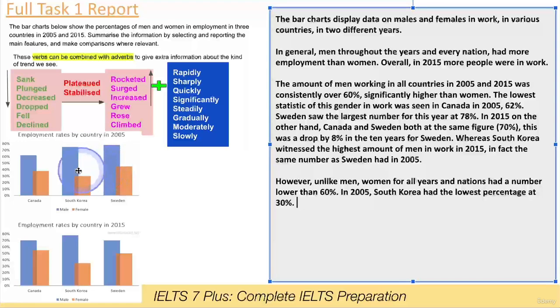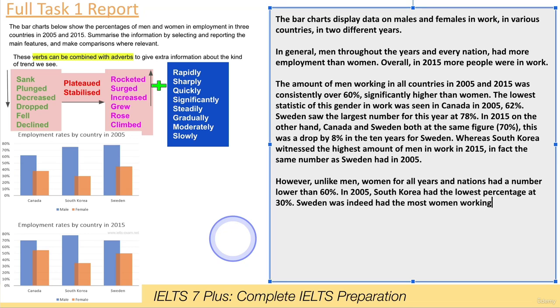Sweden had about 45%. Sweden was indeed the highest. Sweden had the most women working. Sometimes it's nice to phrase the percentage in the way that what it actually means, you know, what are we talking about here? Had the most women working at 45%.